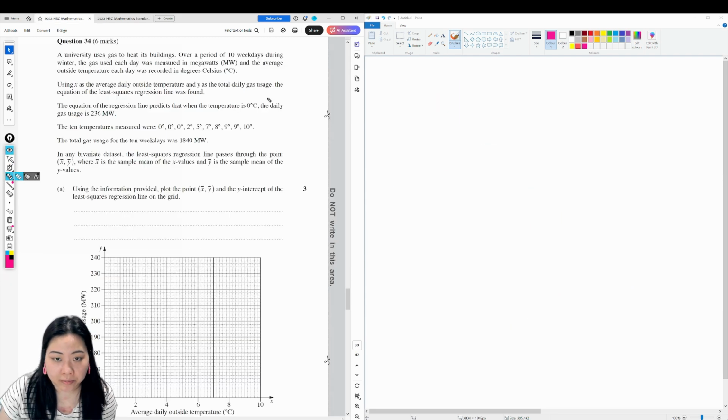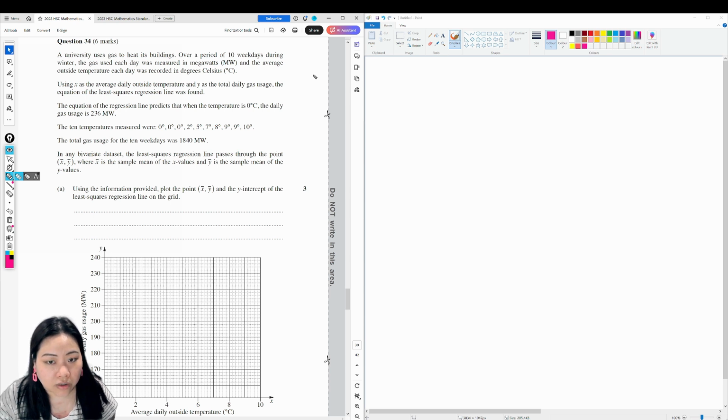Question 34. This is a big one. A university uses gas to heat its building. Over a period of 10 weekdays during winter, the gas used each day was measured in megawatts, and the average outside temperature each day was recorded in degrees Celsius. Use X as the average daily outside temperature and Y as the total daily gas usage.